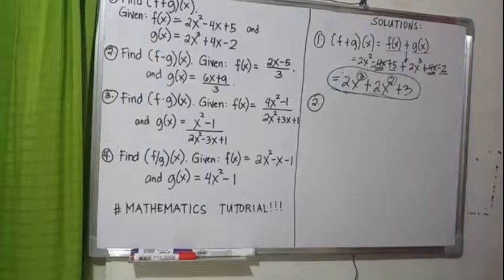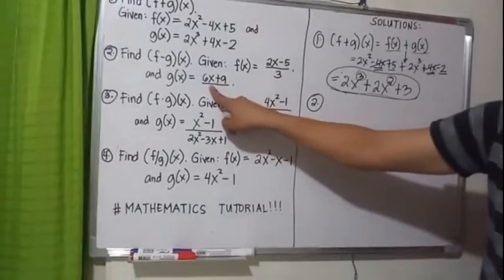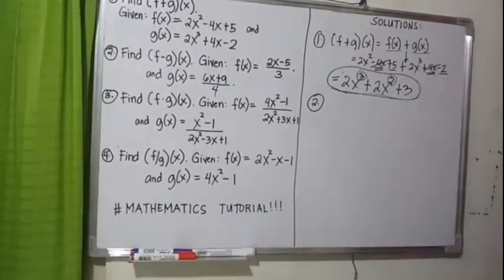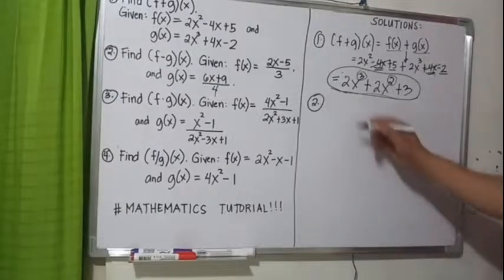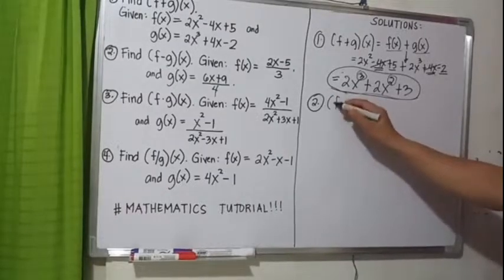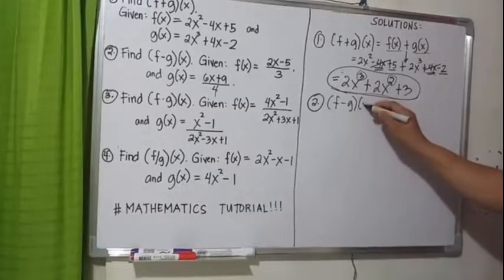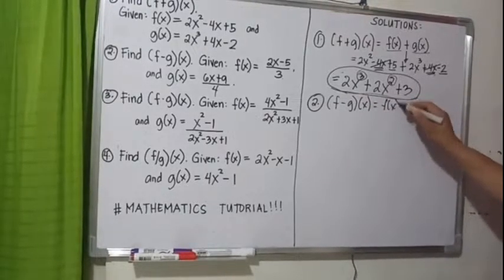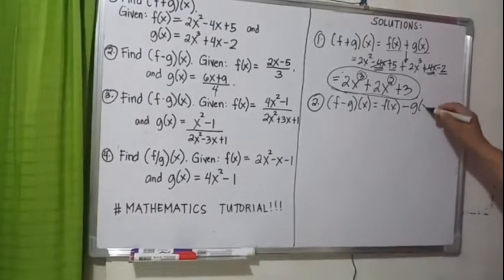So how to find for that difference. Okay, example number 2. So we have formula f minus g times x equals f of x subtract g of x.